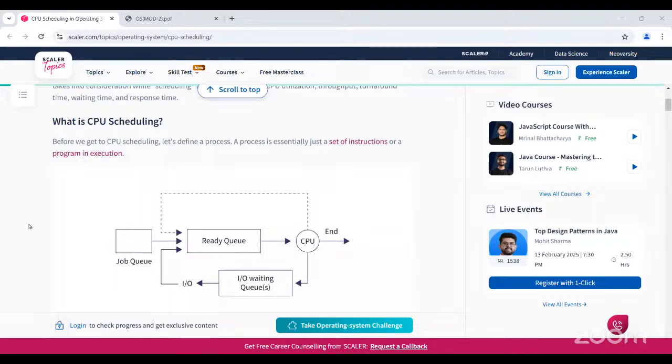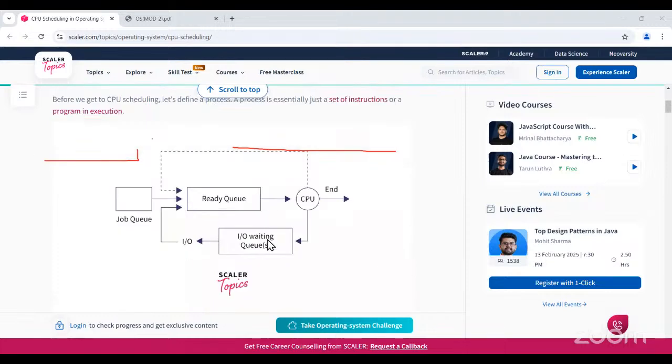Now, what is CPU scheduling? You see here. A process is essentially just a set of instructions or a program in execution, which we already understood.